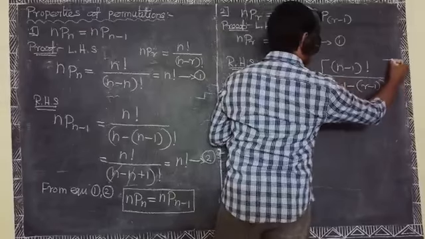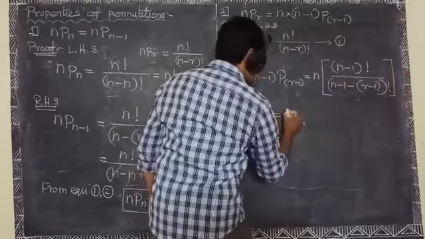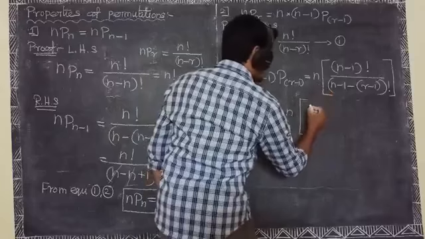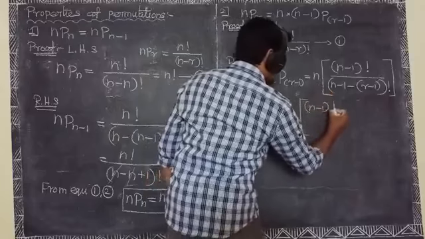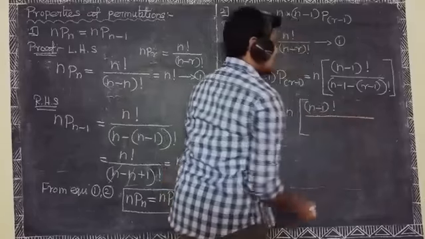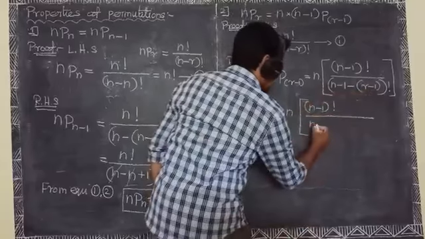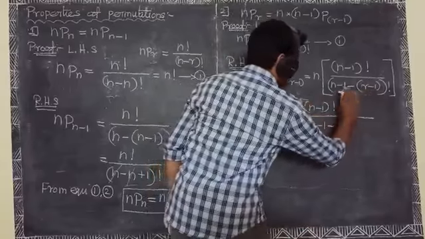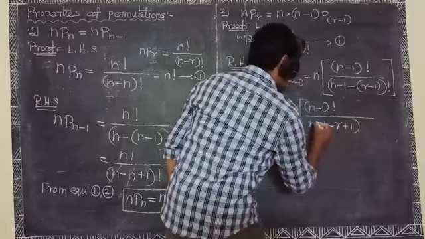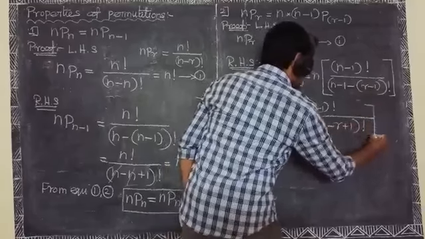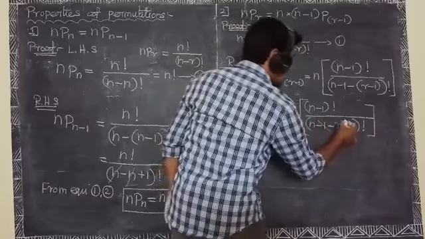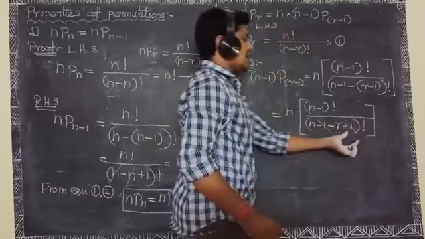Now n into, then the numerator is (n minus 1) factorial, then the denominator is n minus 1 minus r minus of minus plus 1 factorial. Minus 1 plus 1 are cancelled, then the remaining is (n minus r) factorial.